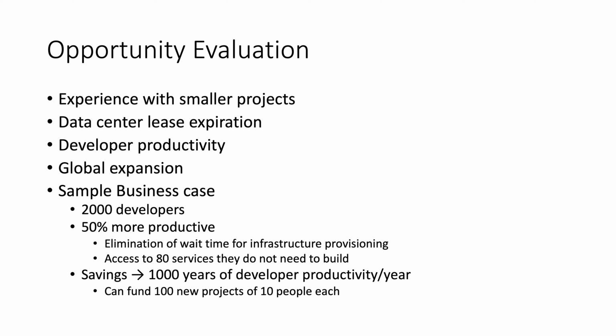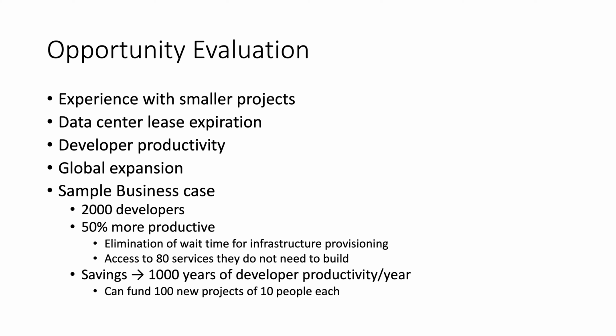I'm going to mention here a sample business case of the type of justification that you might be able to do. This is for a large corporation that had 2,000 developers and were able to achieve 50% more productivity. You can see there that it's due to services that they no longer needed to build, and also just savings when it came to time.